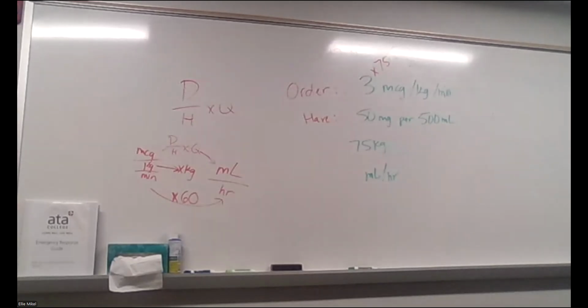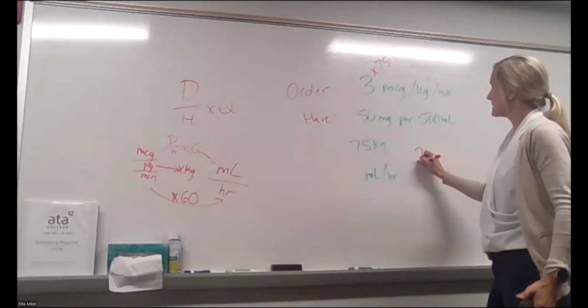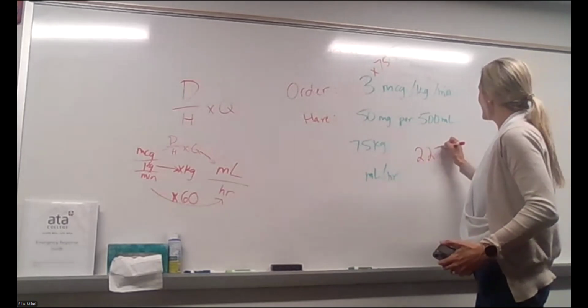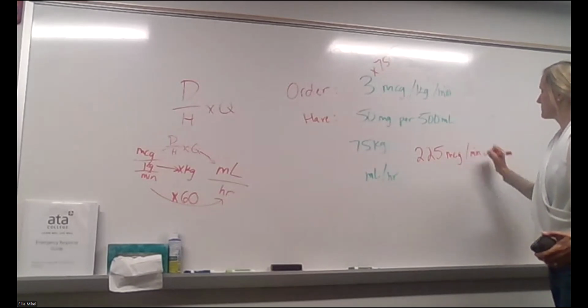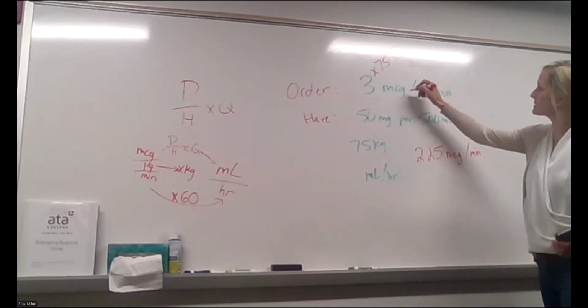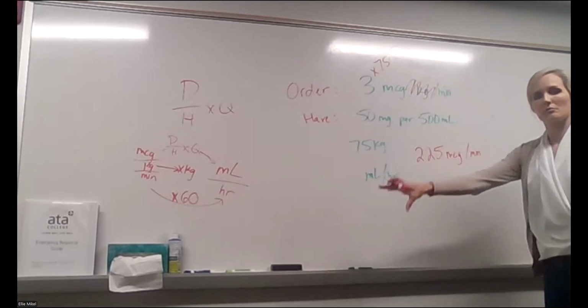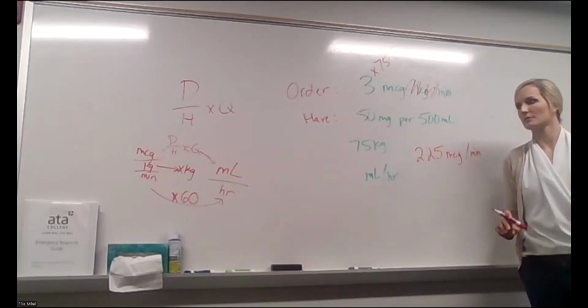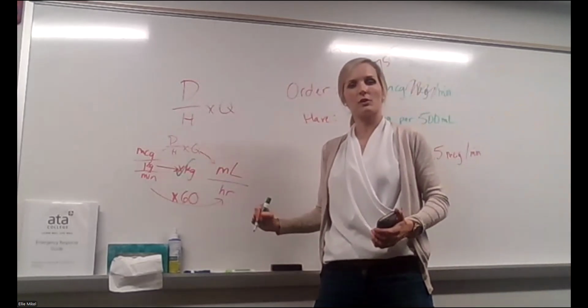So if I take 3 times 75, that tells me that my patient needs, I'm sorry, 225 micrograms per minute. All I've done so far, guys, is eliminate this part so that now it looks like my previous question. I've gotten rid of the per kilogram.